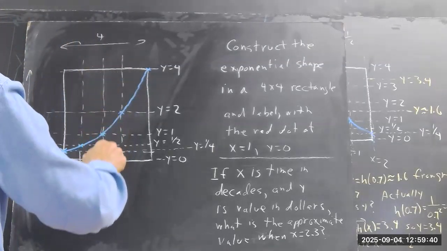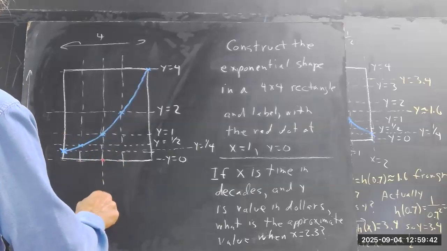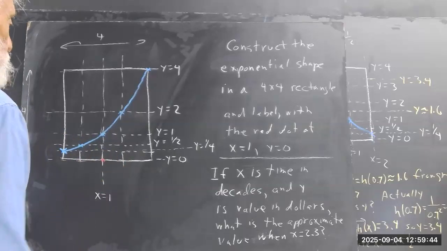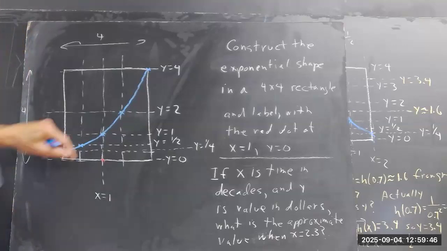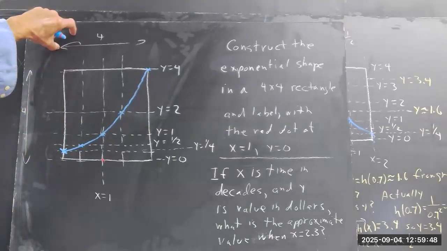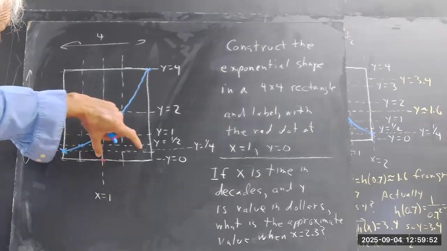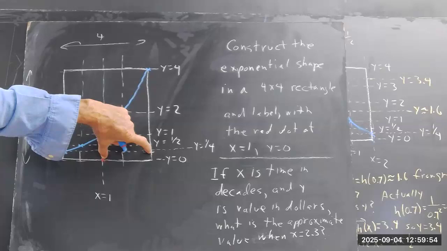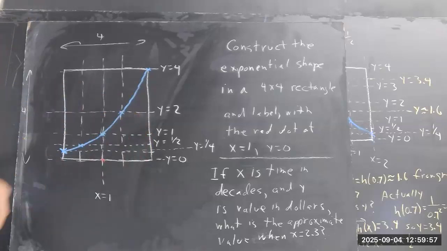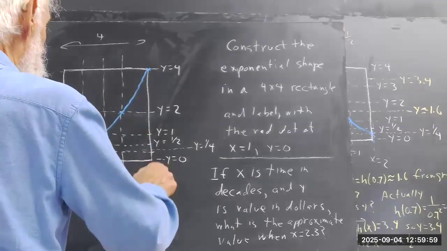So now we can label our x's. Now, x equals 1 at the red dot, so this vertical line is x equals 1. The width of this thing is 4 units. This is in the middle of the lower edge, so this distance is 2. Distance from the middle to the right edge is 2.